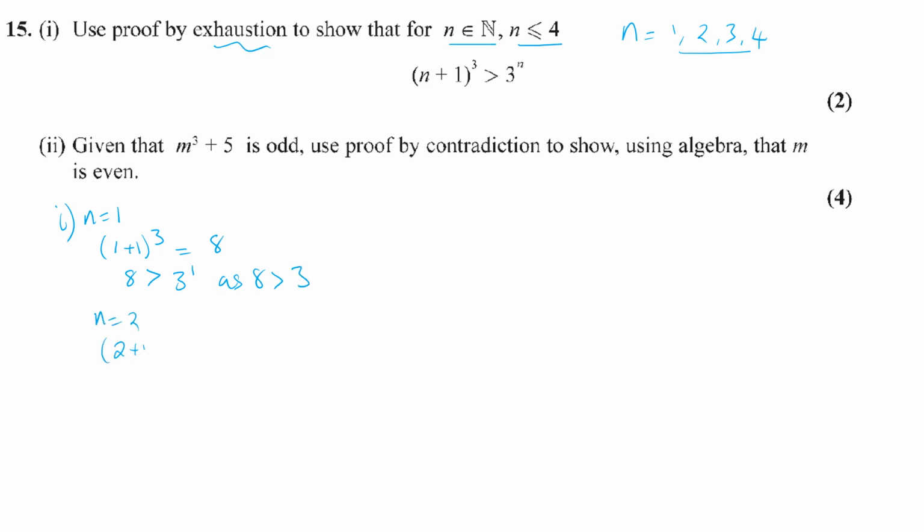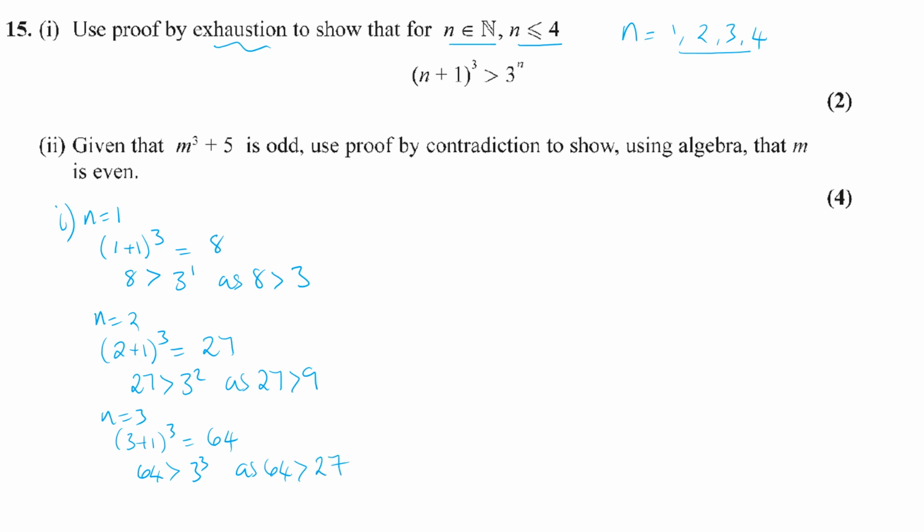You've got 2 plus 1 cubed, which is 3 cubed, 27. 27 is bigger than 3 squared, as 27 is bigger than 9. N is equal to 3. 3 plus 1 cubed is equal to 64, and 64 is bigger than 3 to the 3, as 64 is bigger than 27. We're getting the idea now.